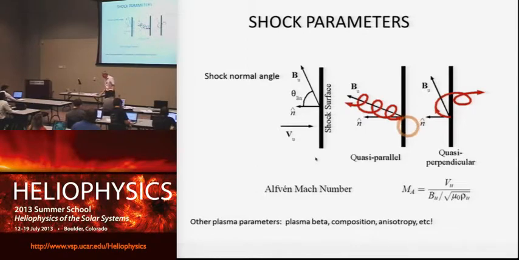On the other hand, in the quasi-parallel shock, if we think about a particle with a velocity away from the shock, the gyration takes it around the magnetic field, but the magnetic field is also pointing away from the shock. So the gyration doesn't bring the particle back towards the shock.